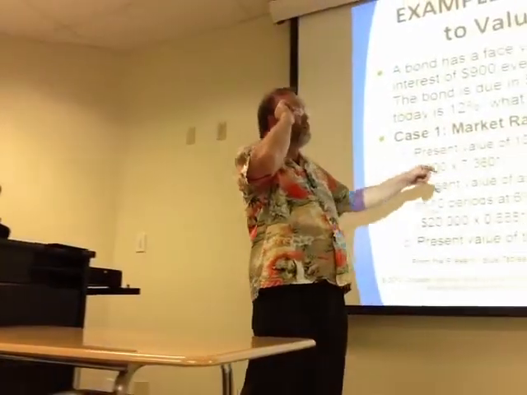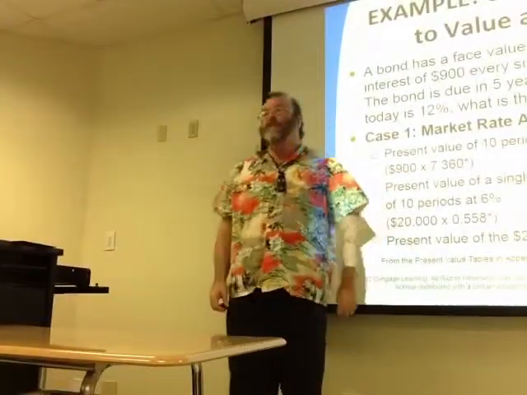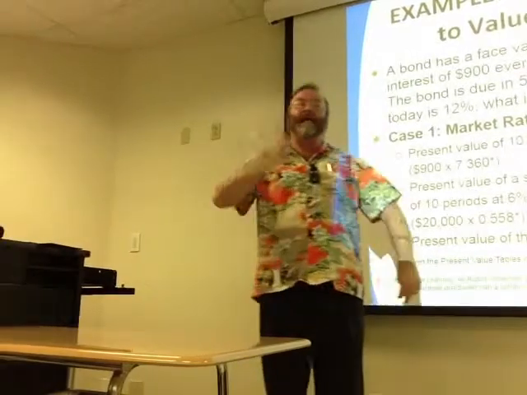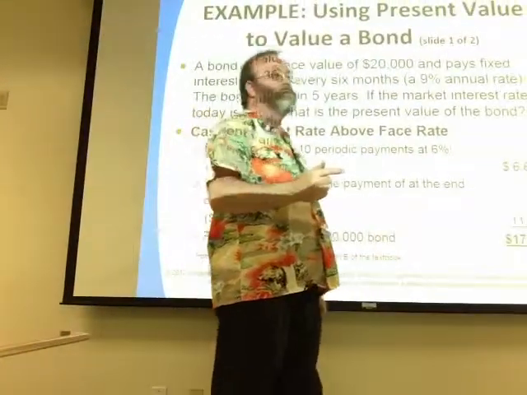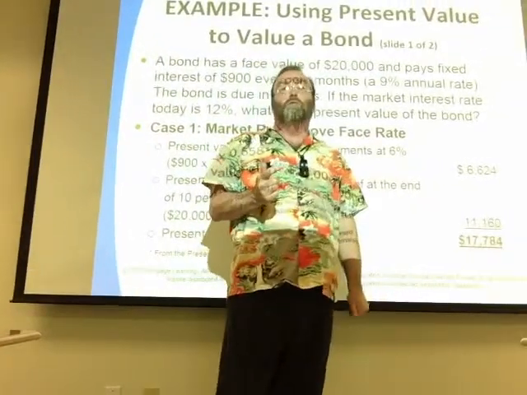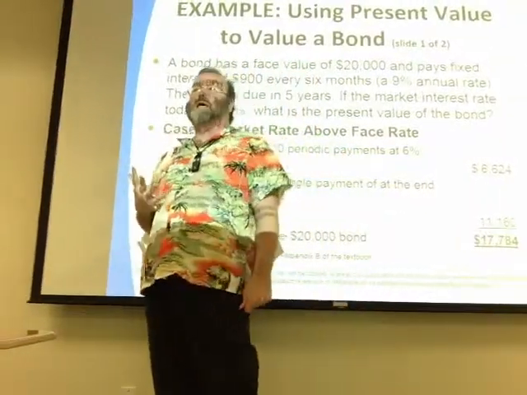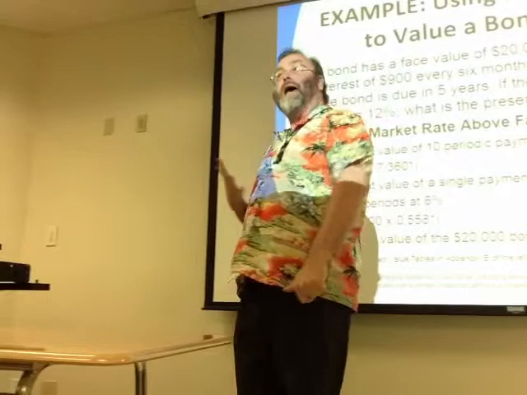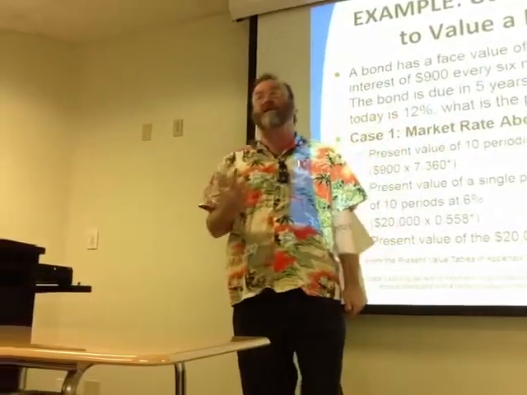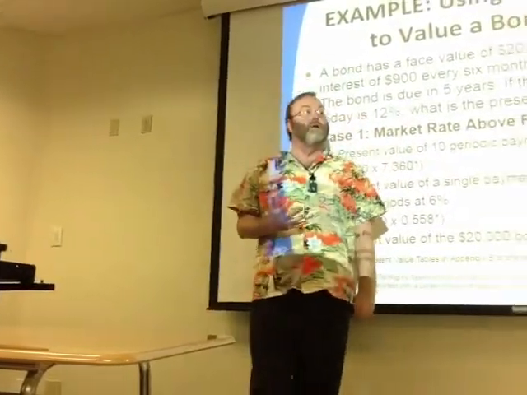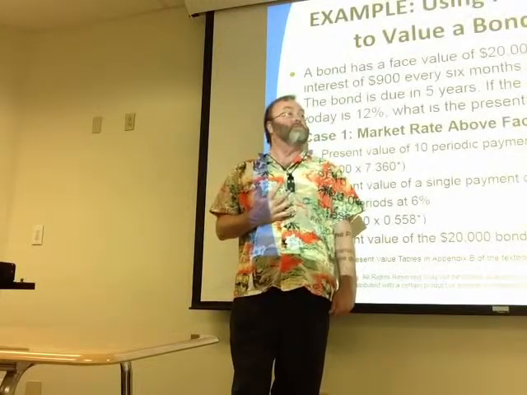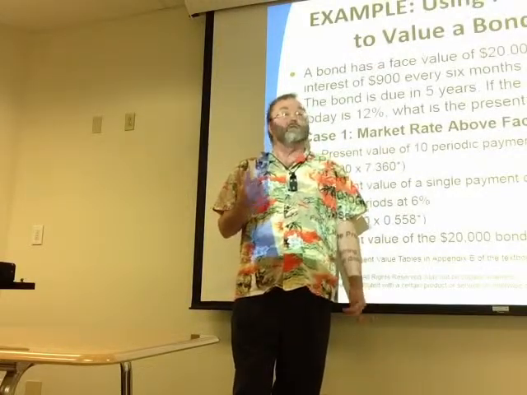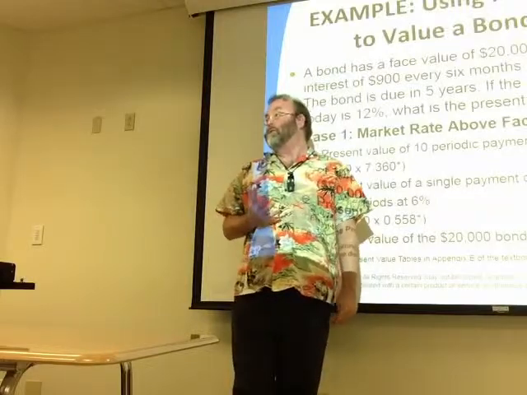So let's look back to this example. The tables all assume annual payments. Well, this is a bond that pays semi-annually. So in reality, how many payments is it making over a 5-year period of time? It's making 10, right? It's making 10 payments.